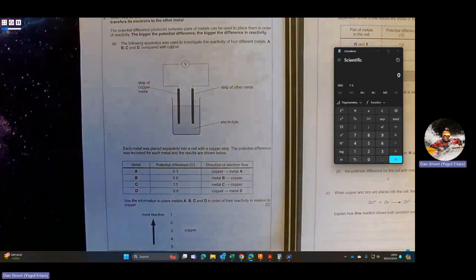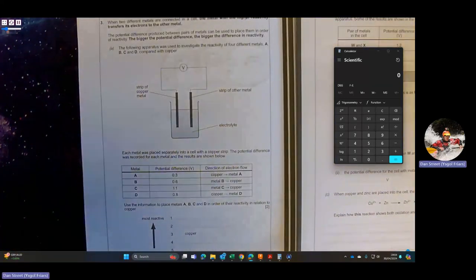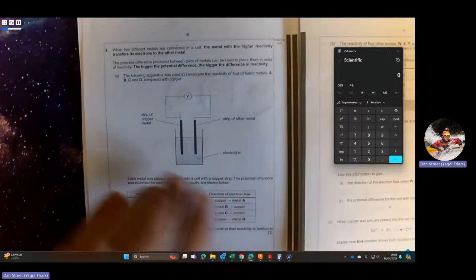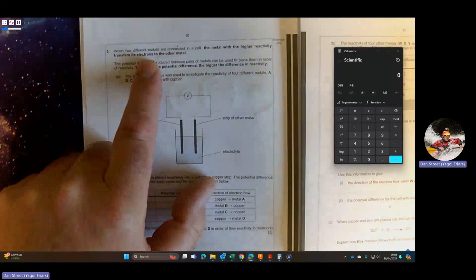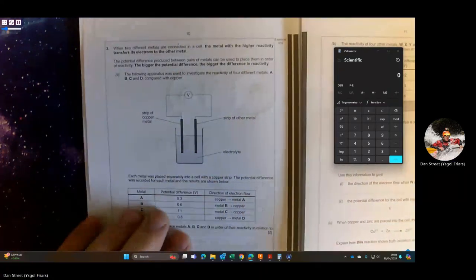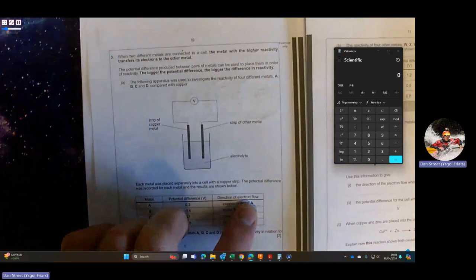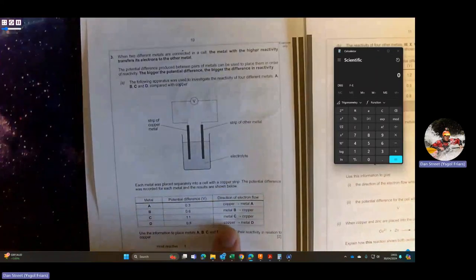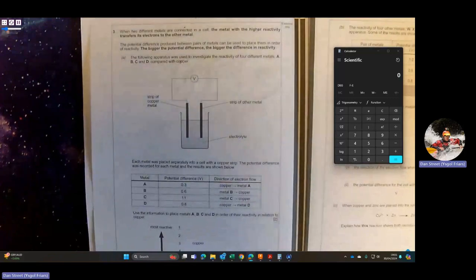So it tells us that for metal A, electrons are transferred from copper to metal A. So given the information in the question, where it tells us that the metal of higher reactivity transfers electrons to the other metal, then copper must be more reactive than metal A. Okay, and we can see the same is true for metal D. Okay, so these 2, so A and D, are both less reactive than copper.